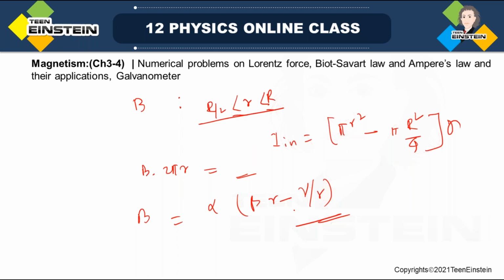So the magnetic field variation in this case will be dominated by the 1 by r term. You can see the magnetic field has two variations. These two variations are there, we can see.